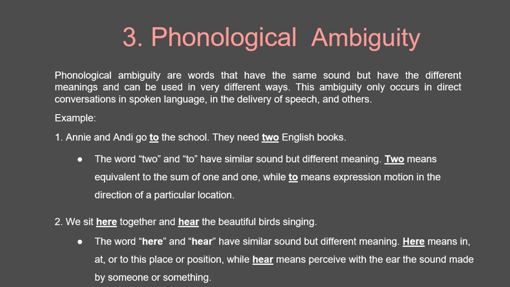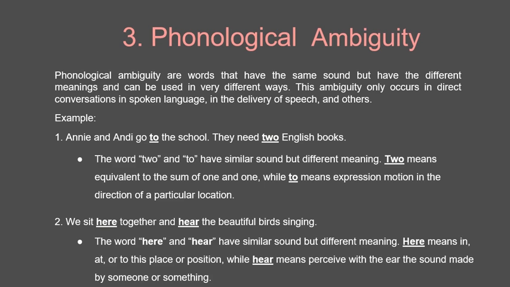For example, Annie and Andy go to the school. They need two English books. The word two in the sentence they need two English books and the word to in the sentence Annie and Andy go to the school have similar sound but different meanings.